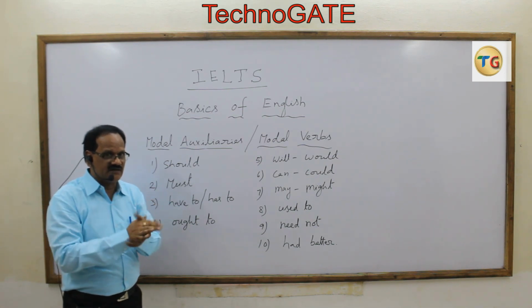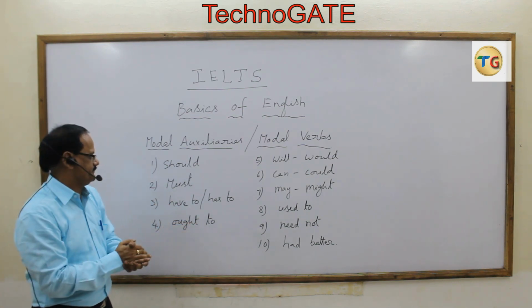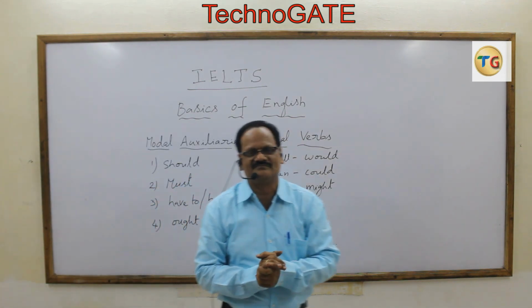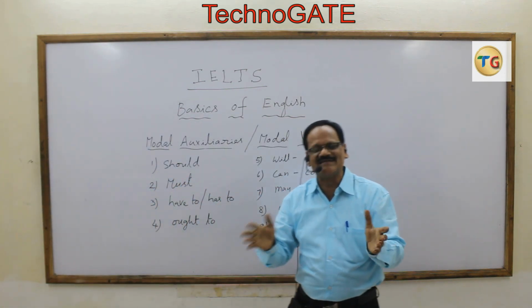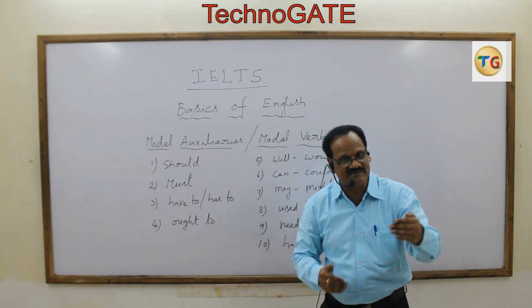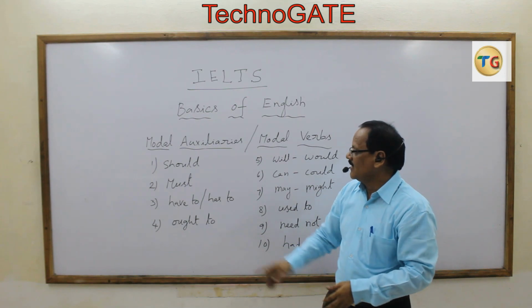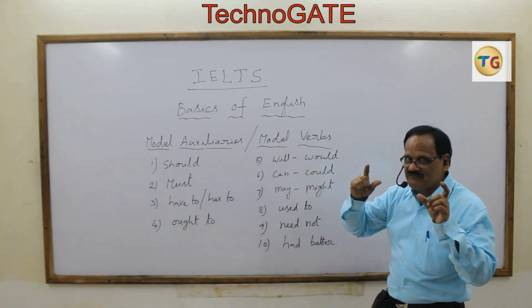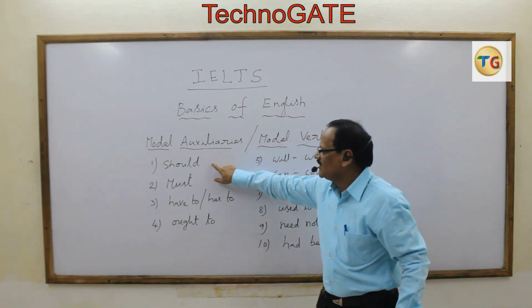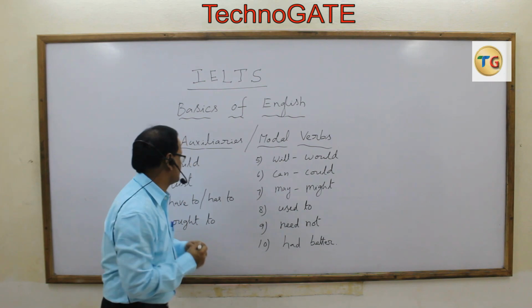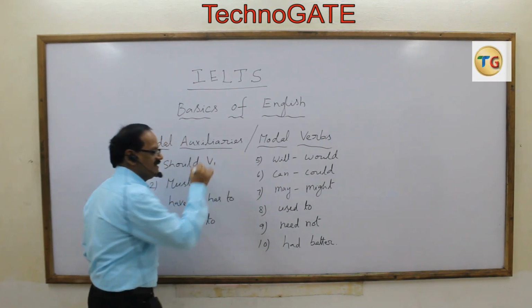Now let us learn how to use them. Modal verbs are very easy to use. In fact, total English is very easy, and modal verbs are further easy. Why, sir? After the modal verbs, the main verb, the action verb, should be V1 only. That is the first action word, present form only.